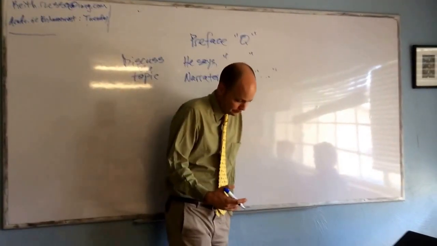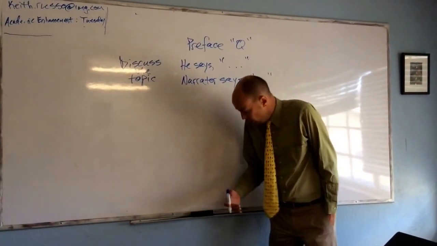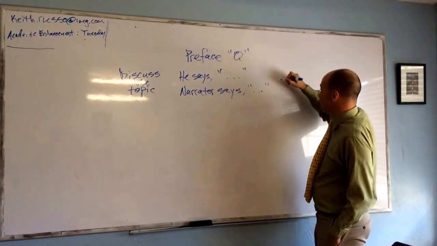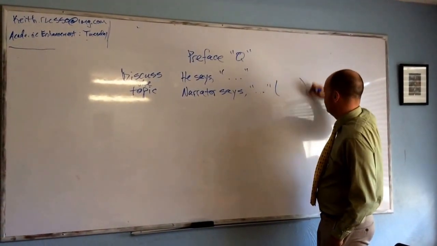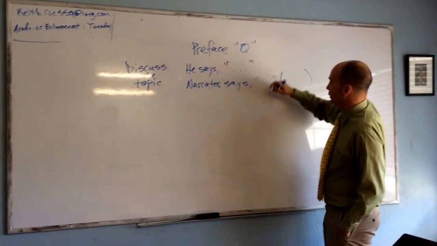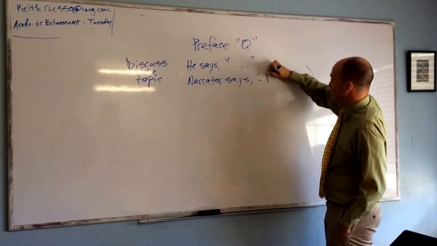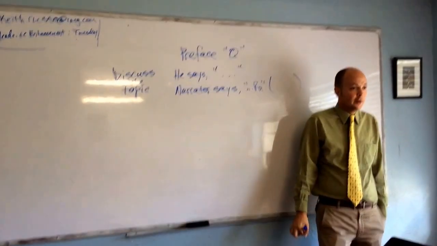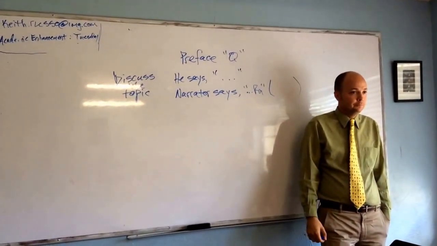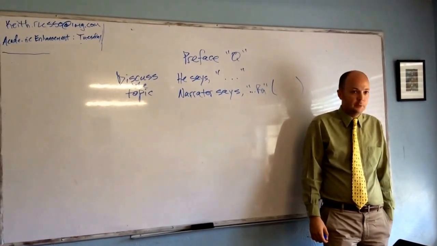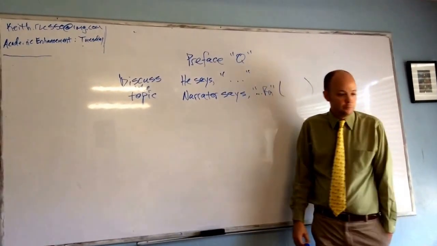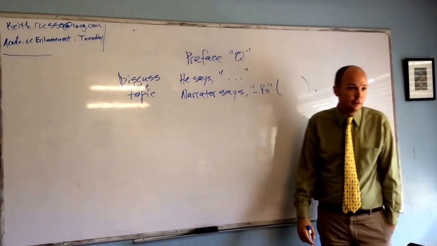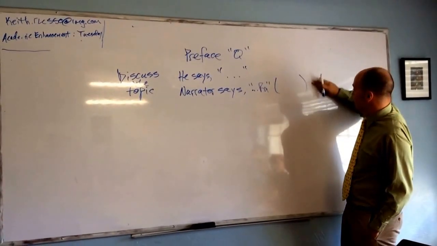Now, the parenthetical, the in-text citation. Let's say something, something, something, Ra. Where does the period go here? Inside the quotation. Incorrect. After the parentheses. The period goes here.